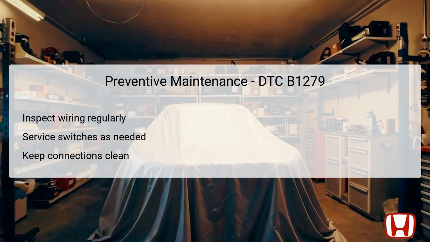Keeping the connections clean and free of corrosion is also vital, as it promotes better electrical flow and lowers the risk of intermittent failures caused by poor connectivity. By adopting a proactive approach to maintenance, vehicle owners can improve the longevity and reliability of their Honda Civic's lighting system and reduce the likelihood of future repairs.